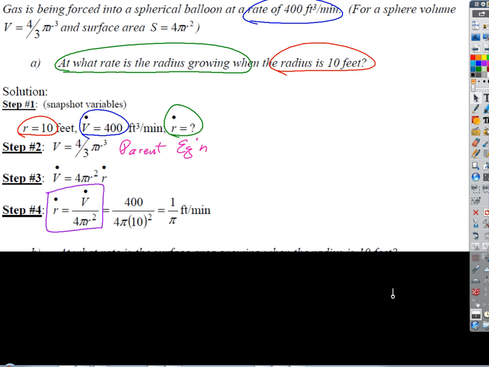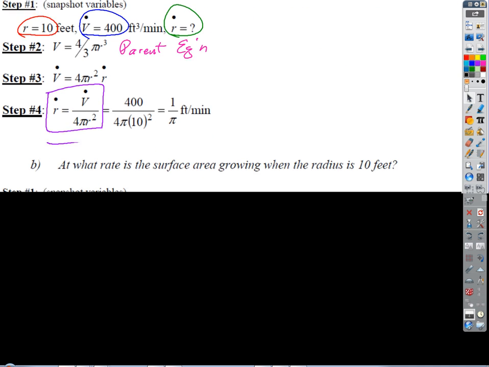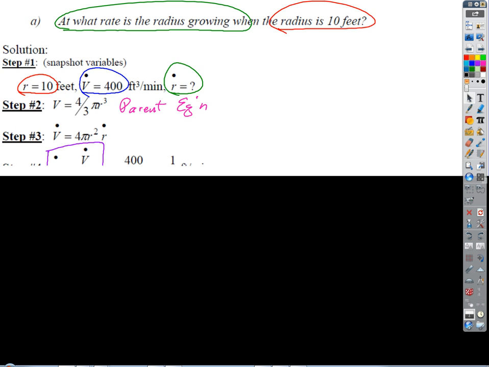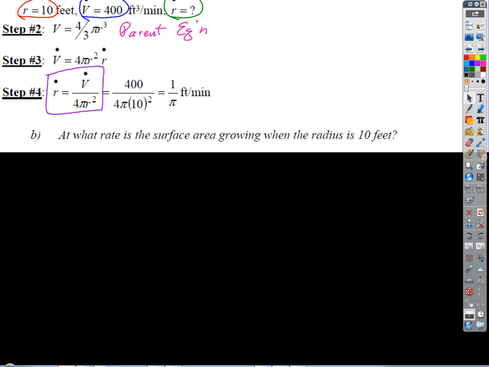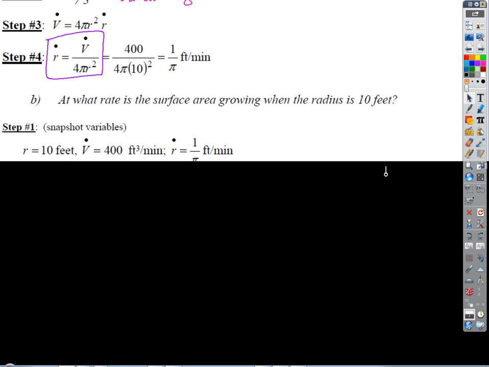All right, so moving on down here. Now we want to know at what rate is the surface area growing when the radius is 10 feet. Okay, so now we're answering a different problem, right? We need different snapshot variables. Well, I think the radius part stayed the same, didn't it? Right, so we've got the frame in the movie where r is still 10, v dot is still 400, right?